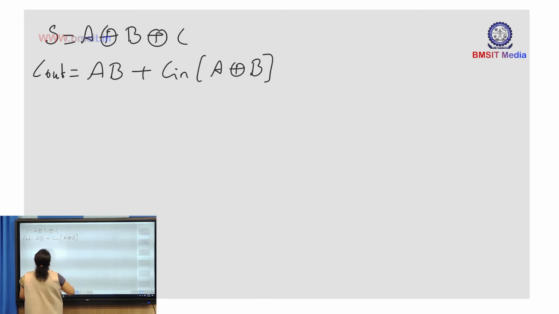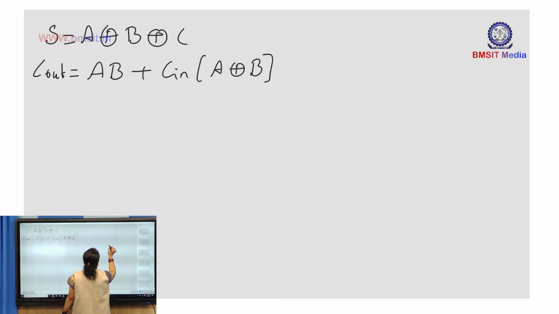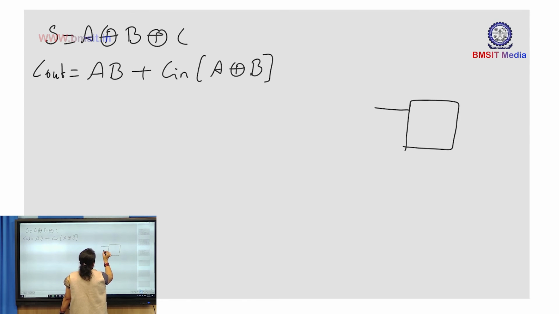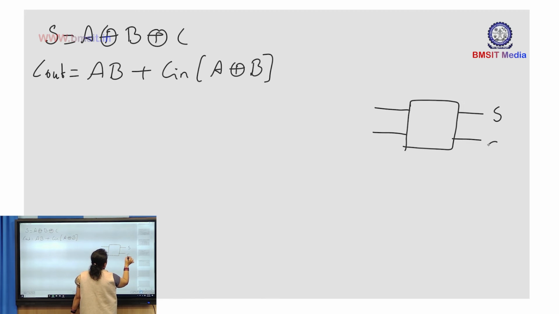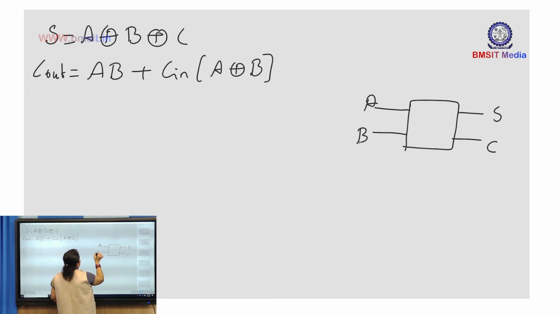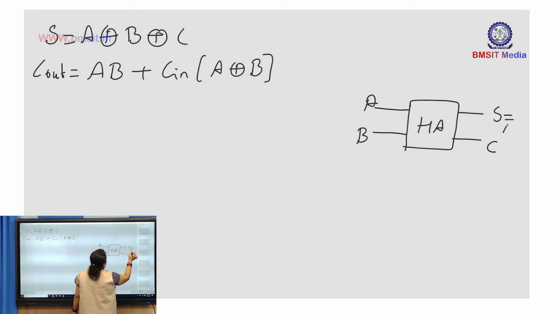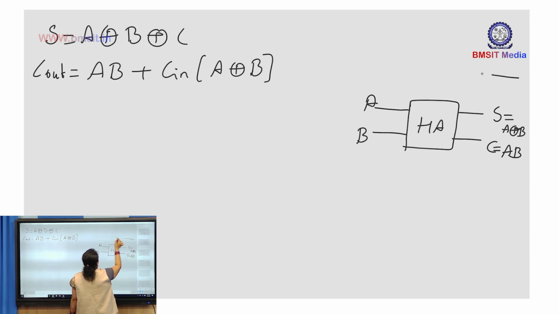Okay. Now let us implement this full adder using two half adders. Now you all know half adder is a combinational circuit which accepts two inputs and provides two outputs, sum and carry. If I indicate the inputs of half adder as A and B, your sum will be XOR operation of A and B and carry is AND operation of A and B. This is how your half adder works.